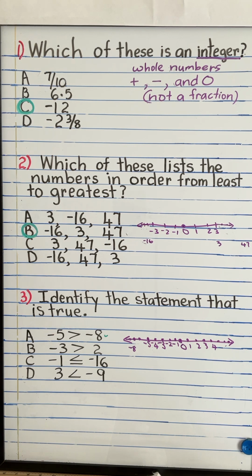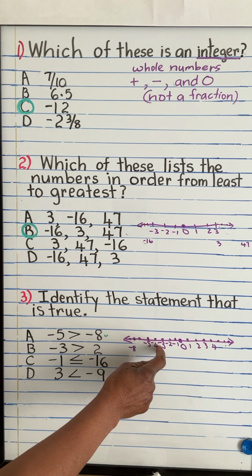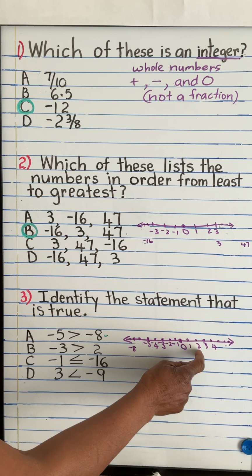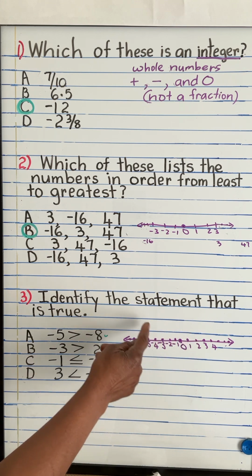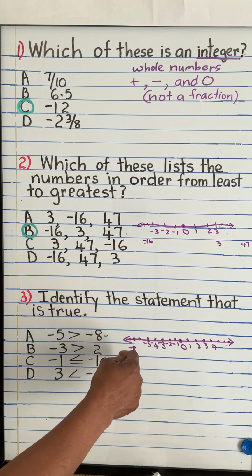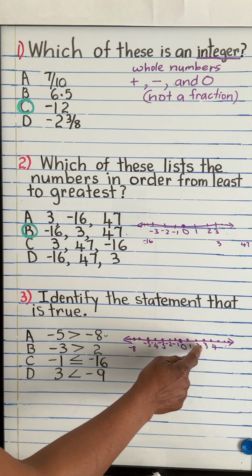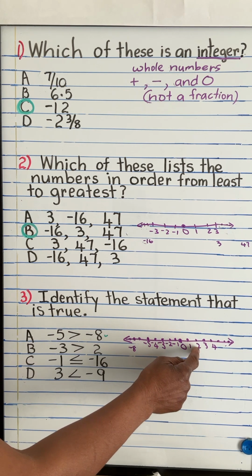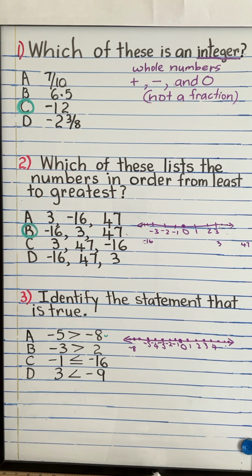Let's check out the other options. Negative 3 is greater than negative 2. This is negative 3 and this is negative 2. So negative 3, the numbers get smaller to the left. So negative 3 is greater than negative 2 is not correct, because negative 2 is to the right of negative 3.